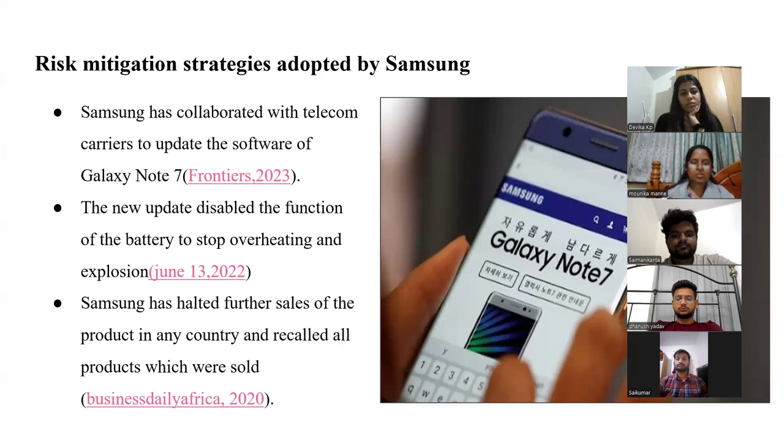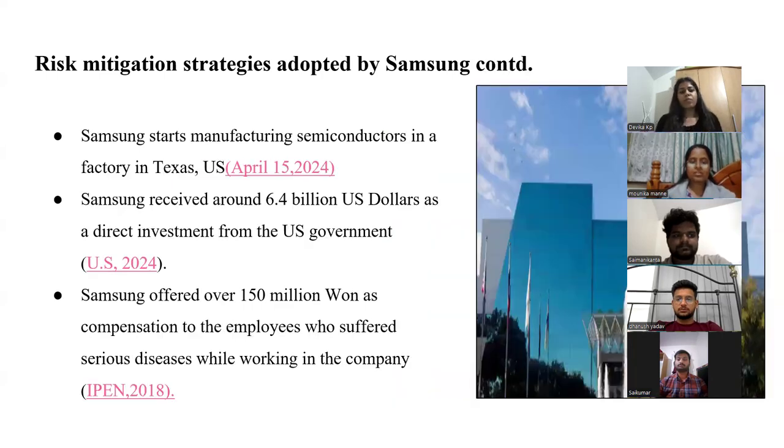To mitigate the technological adversity, Samsung collaborated with telecom carriers to update the software of its Galaxy Note 7 to disable the battery and halt further sale of the product in other countries. In the next slide, we will discuss the risk mitigation strategies adopted by Samsung.